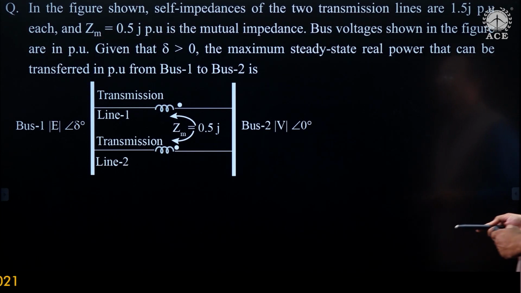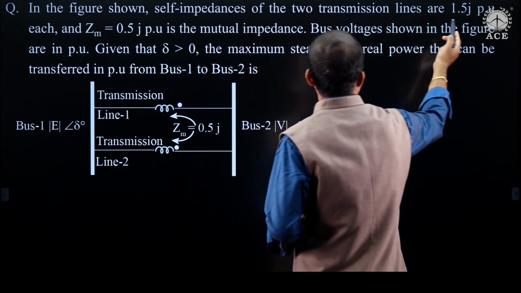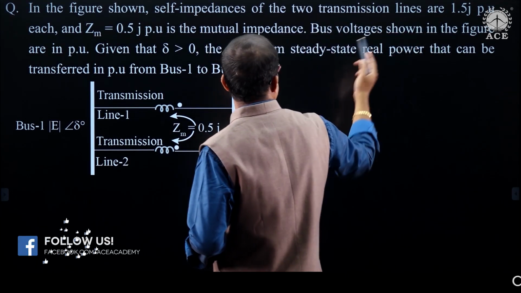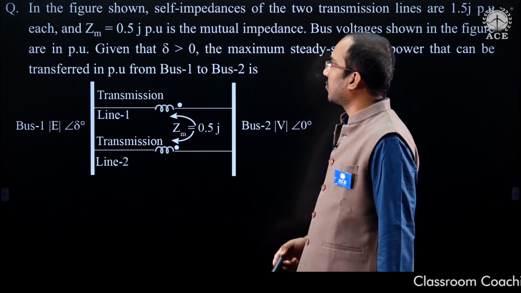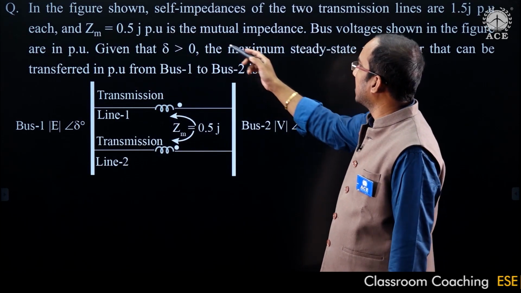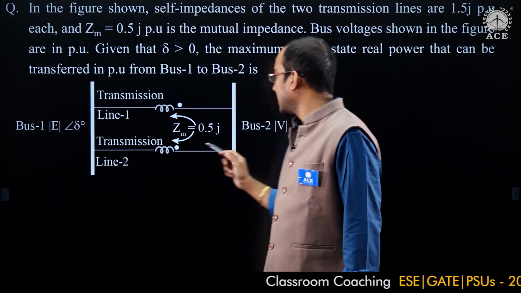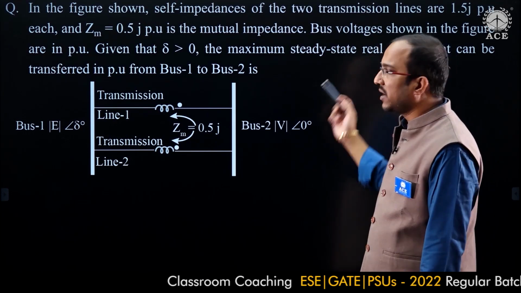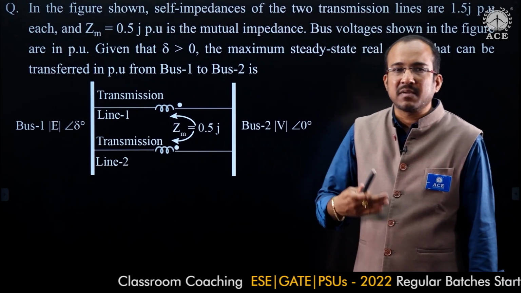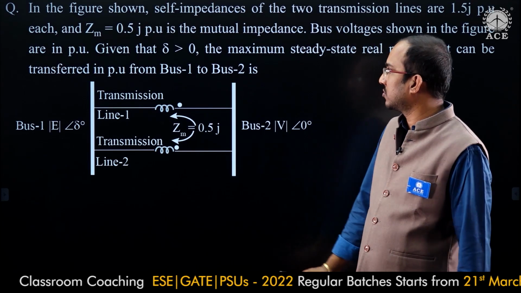In the figure shown, the self impedances of the two transmission lines are 1.5J per unit and the mutual impedance is 0.5J per unit. The bus voltages are E at an angle delta and V at an angle 0. He is asking to calculate the maximum power that can be transferred from bus 1 to bus 2.